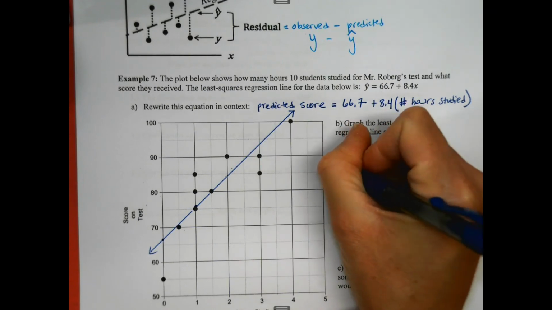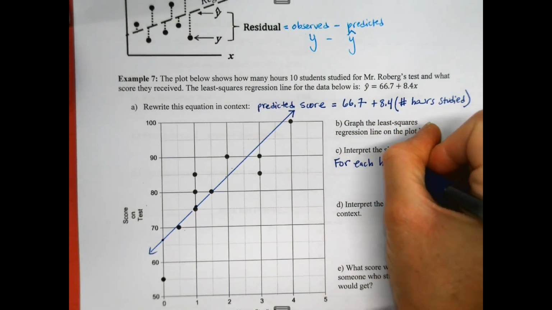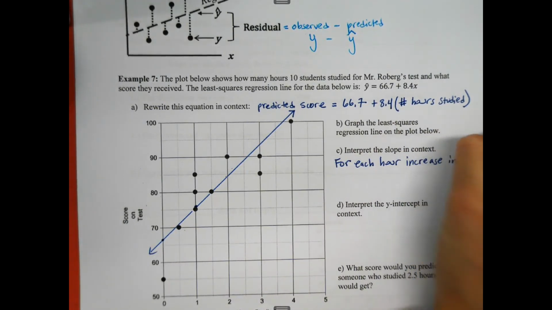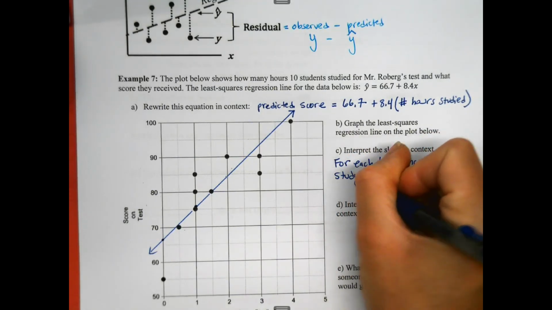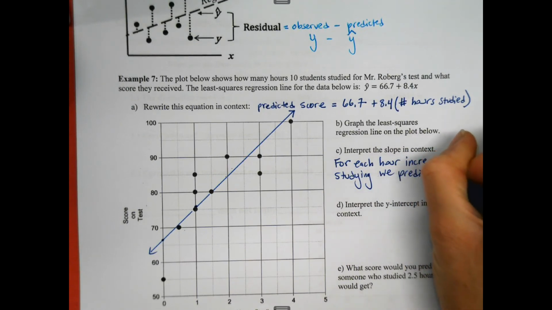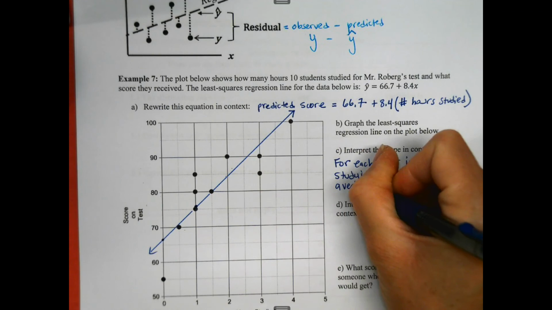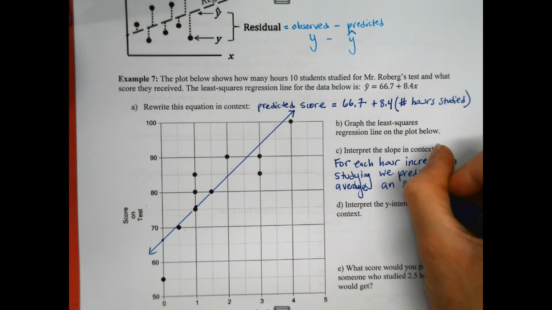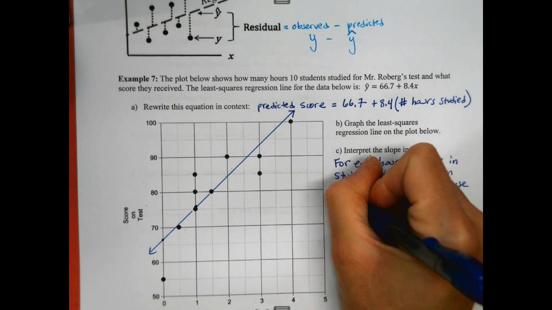We could write, for each hour increase in studying, we predict on average an 8.4 increase in the score.